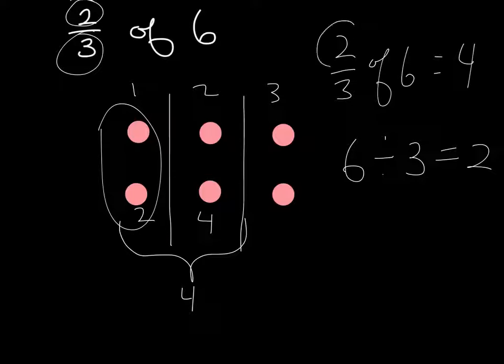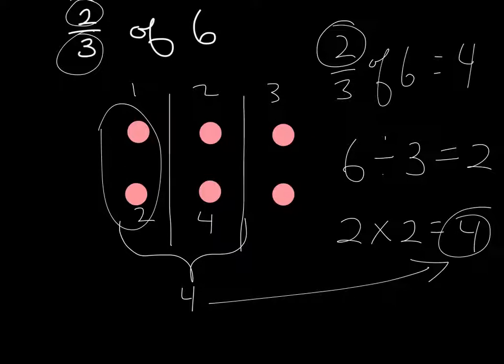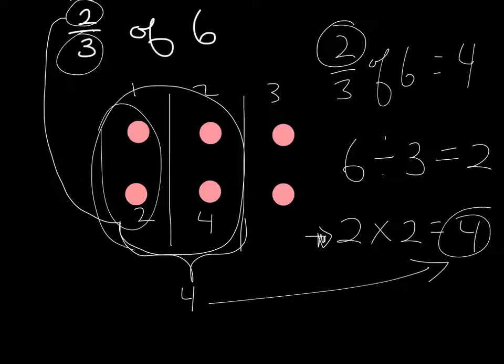But since this is not 1, I have to multiply my answer from my division times the numerator, which is 2, and so my total will be 4. And the reason I have to do this extra step is because that numerator being 2 means that I want 2 groups of my set added together.